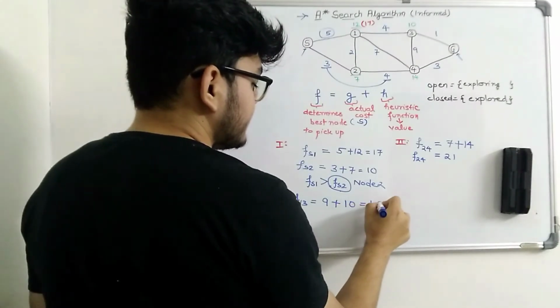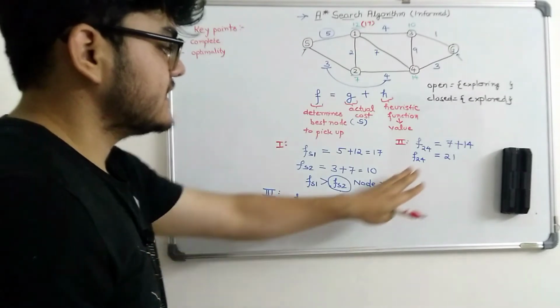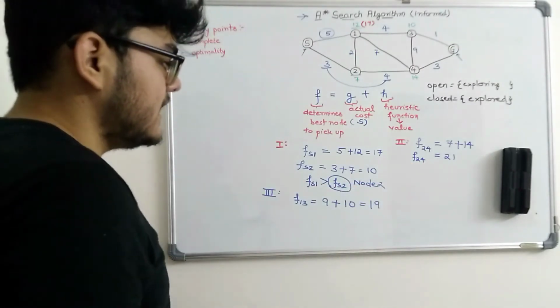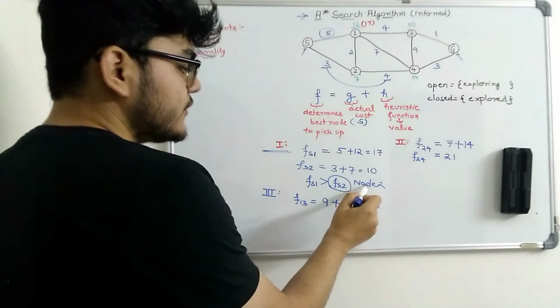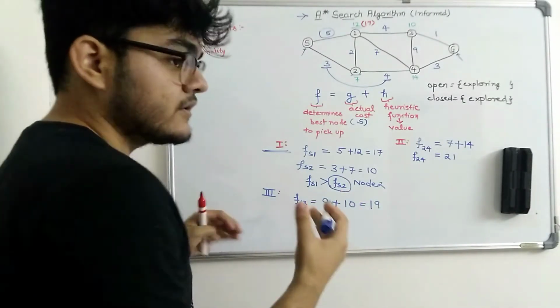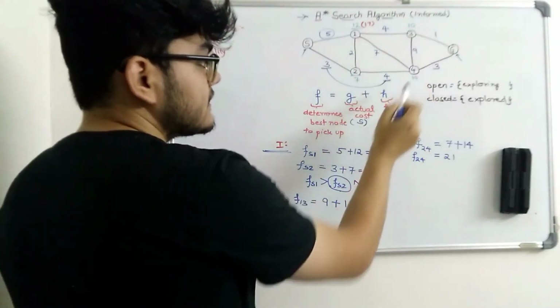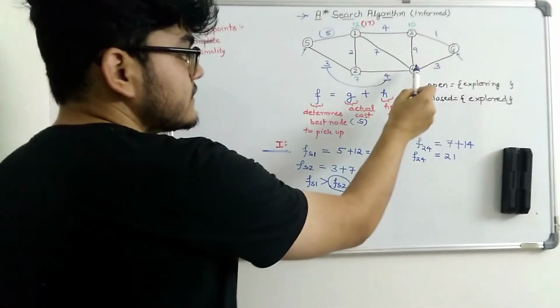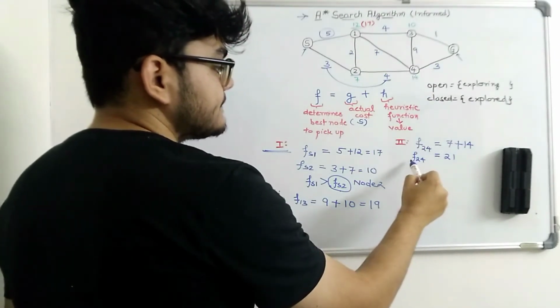Now this value will be equal to 19. I have made some changes so that I can explain this important thing. In the first iteration, we got node 2 as a better, or you can say promising, node. From here, if I want to go to the fourth node, the value is 21.